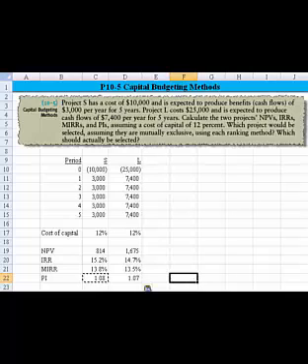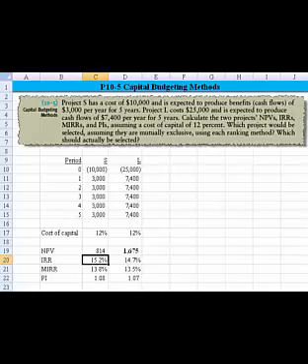Okay, what can we say about the rankings now? In terms of NPV, if these are mutually exclusive, that means we can only take on one project and not both. L is the greater number, so let me just bold this. That would be the one that would be chosen. IRR 15.2, 14.7.